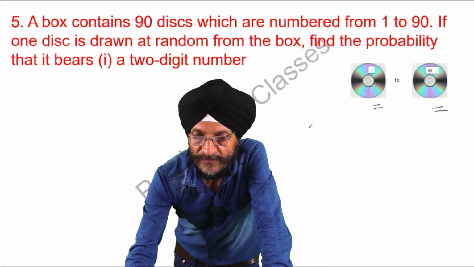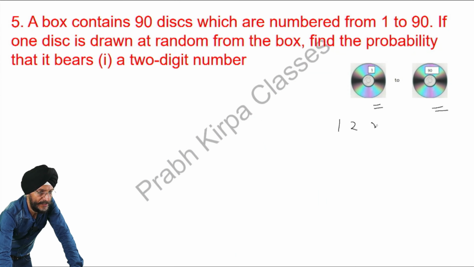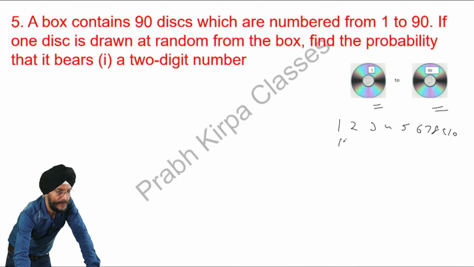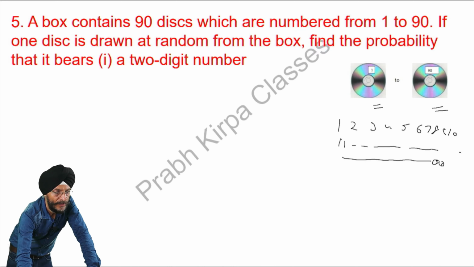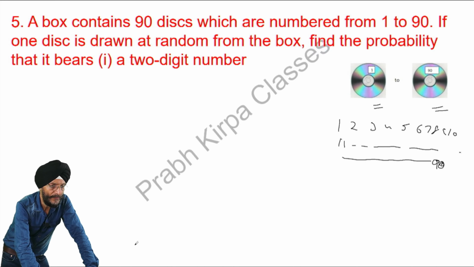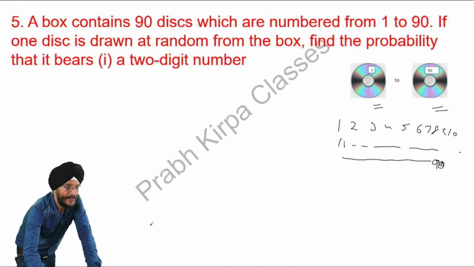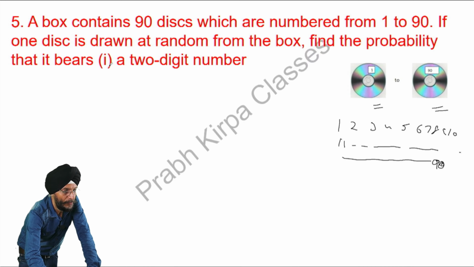What it means? Suppose these are the digits 1, 2, 4, 5, 6, 7, 8, 9, 10, and then 11, 12, 13, 14, and all these are up to 90. So here we have to find out the probability that it bears a 2-digit number.